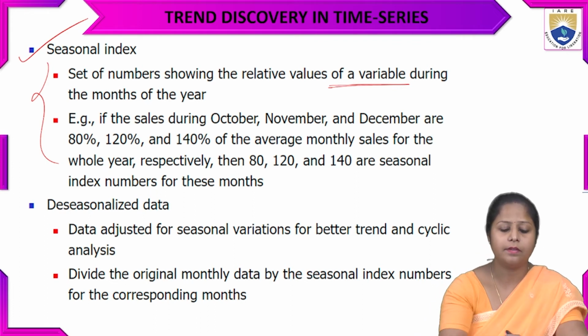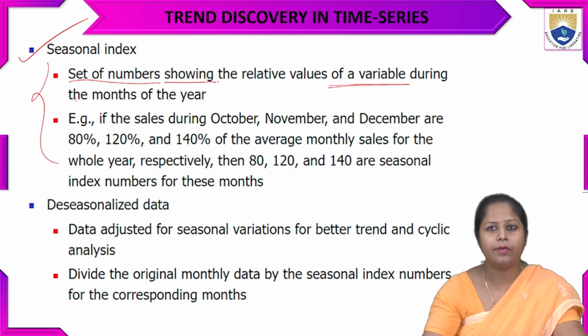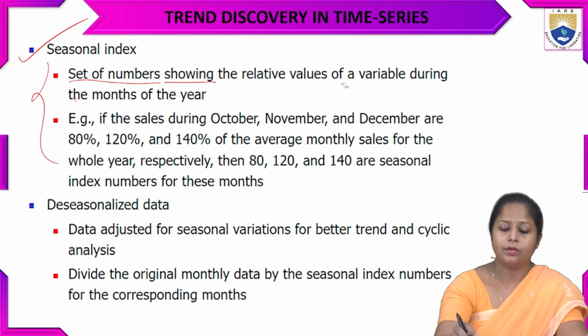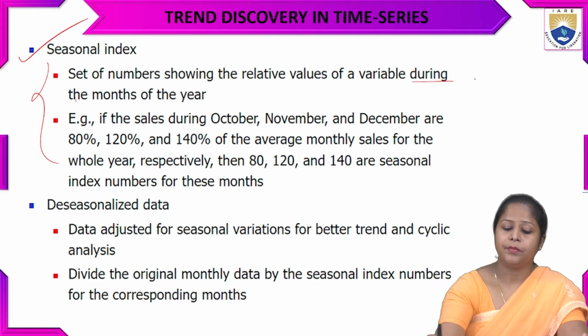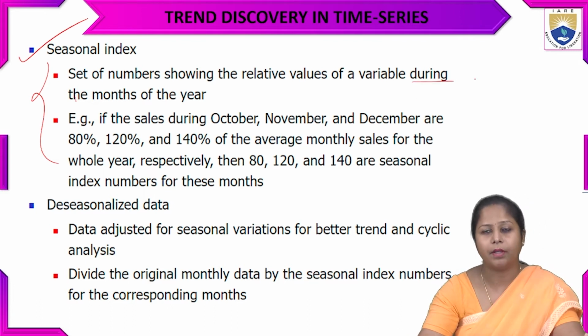What it means is a set of numbers showing the relative values of a variable. The values are relative to the other values when we have a set of many values, which can be a month of a year, or many months.